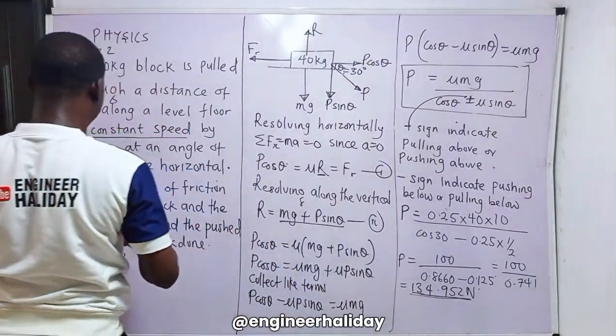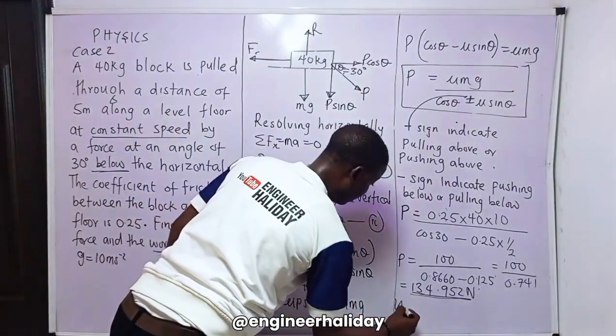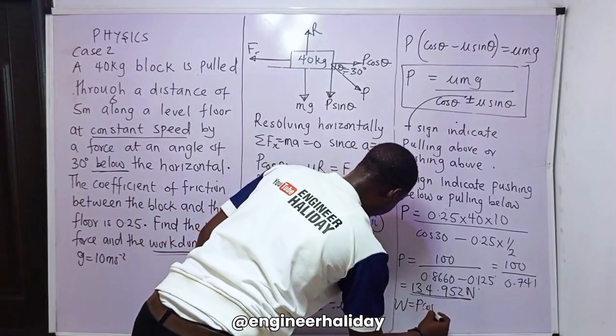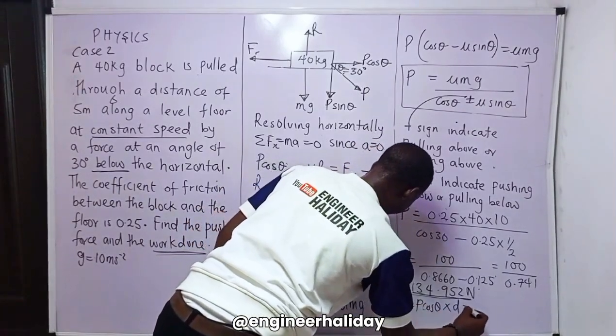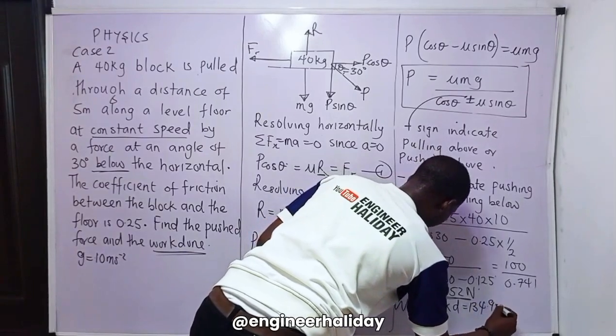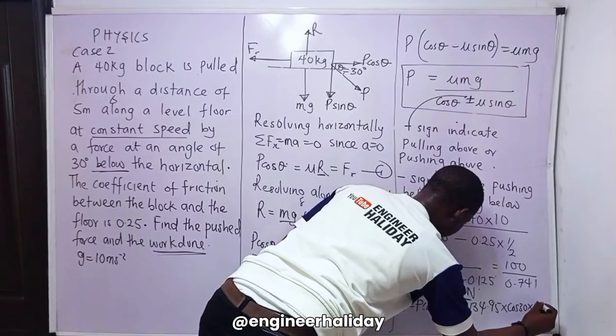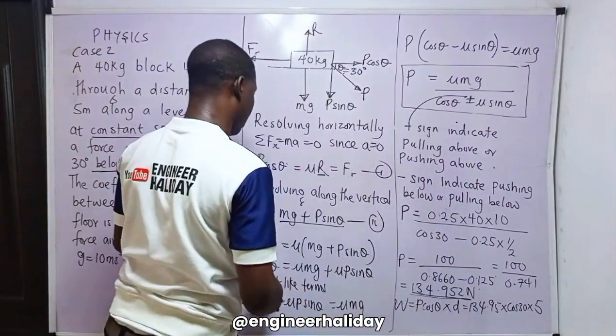The second part says calculate the work done. Work done will be P cos theta times distance. That gives us 134.95 times cos 30 times 5, where the distance covered is 5.